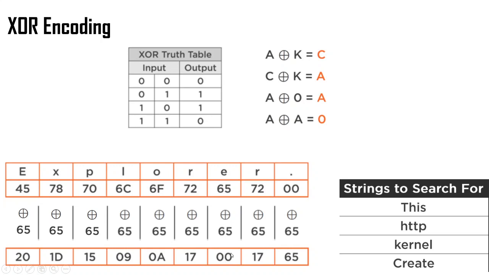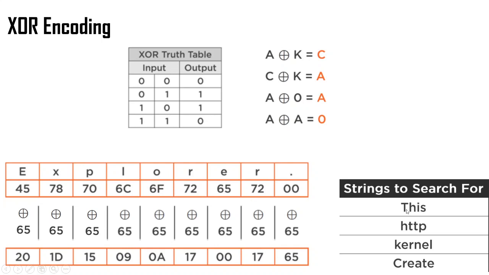What does this mean? Only if I XOR with the same letter, the same symbol, do I get 00 as output. And hence we can decide that the key and the plain text may be the same.